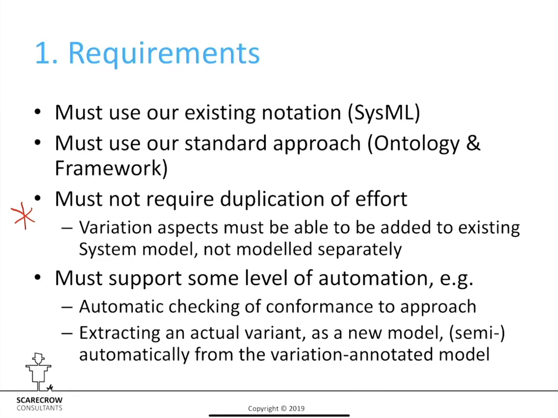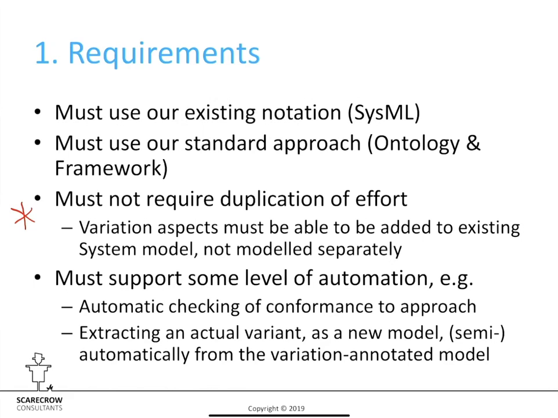So you could create 2 or 3 different variants of a system and pull each of those 2 or 3 variants out as separate models, which you could then develop outside of the overarching variant model.